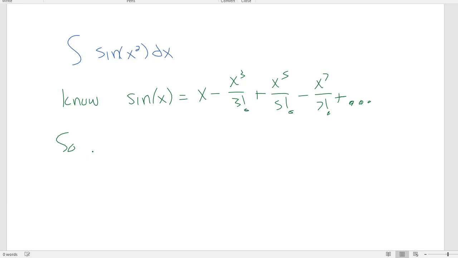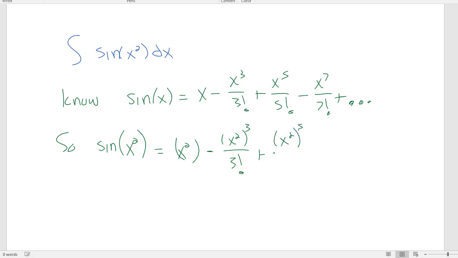I could do algebraic substitution. So the sine of x squared is going to be the input, and then minus the input cubed over 3 factorial, and then plus the input to the 5th over 5 factorial, and then minus, and so on and so forth.